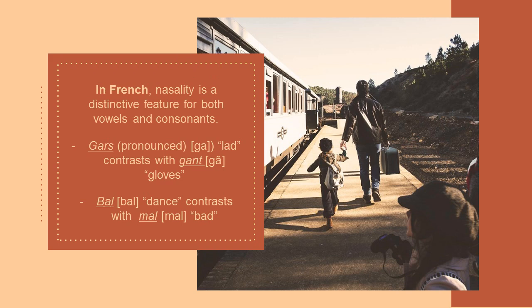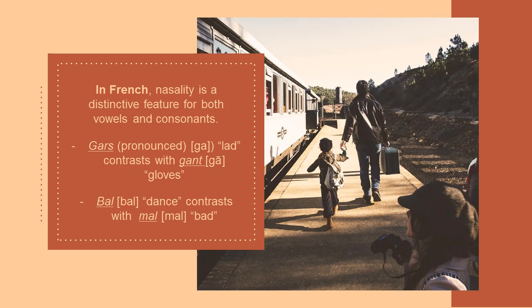Let's see the example from French. In French, nasality is a distinctive feature for both vowels and consonants. For example, gars, which means lad, contrasts with gant, which means gloves.